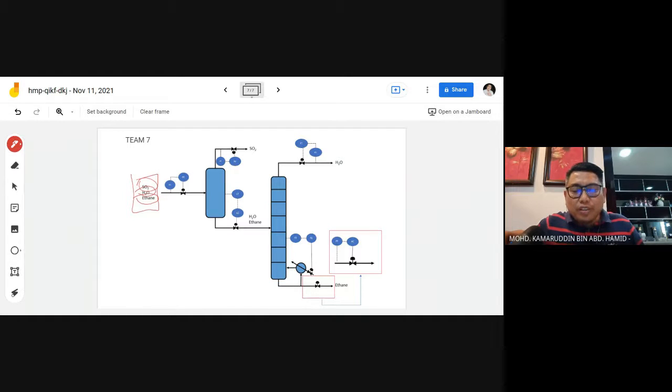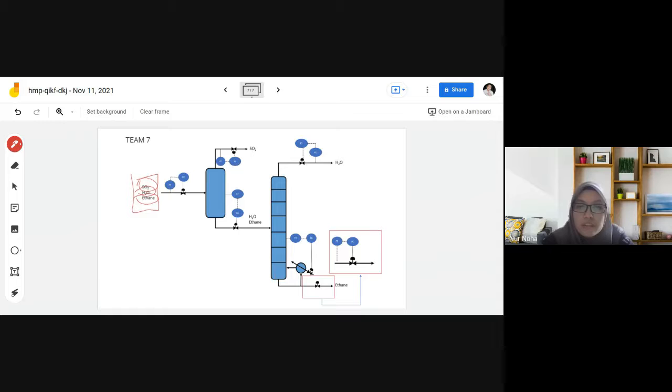What condition is required to bind, to combine, to react? Come on. Why is there no reaction there in the feed stream? Sedangkan you ada SO2 di situ, you ada water di situ.